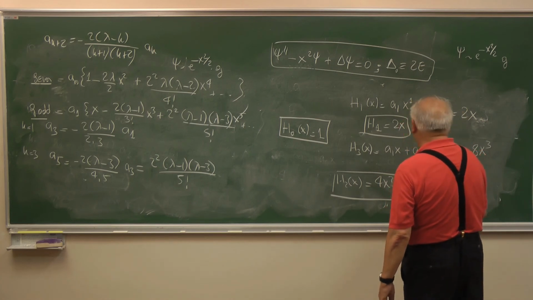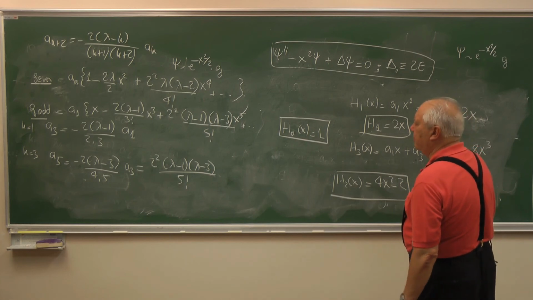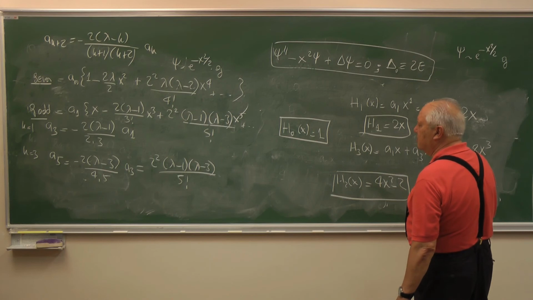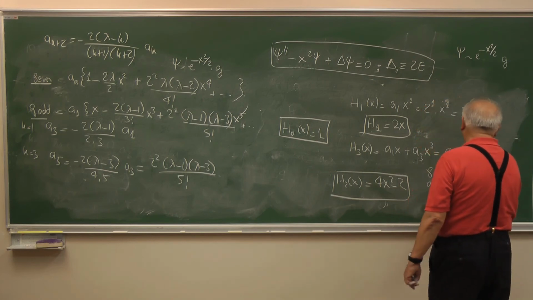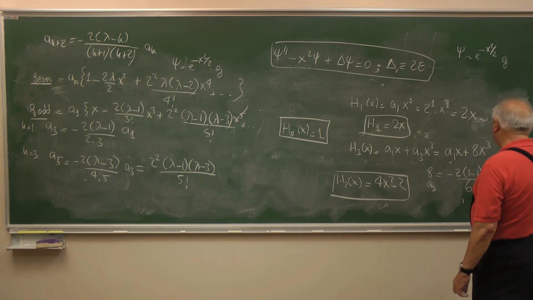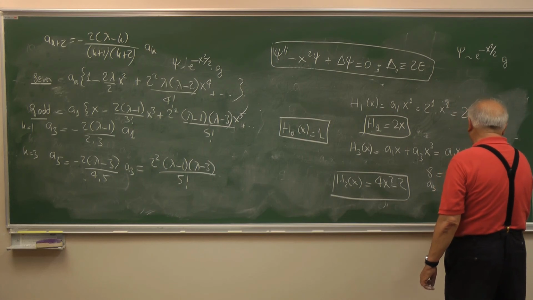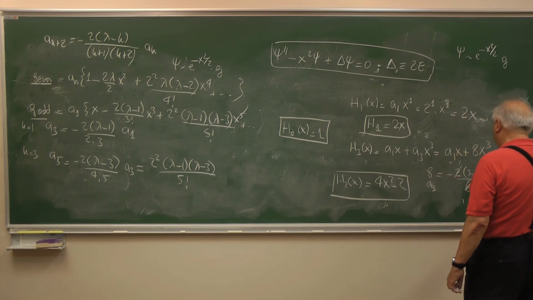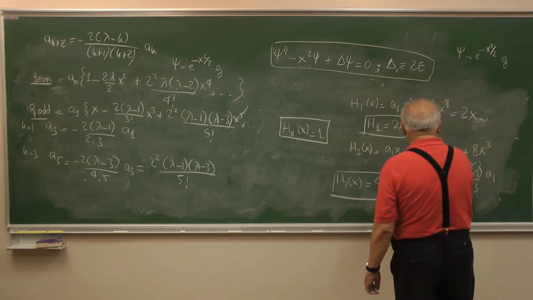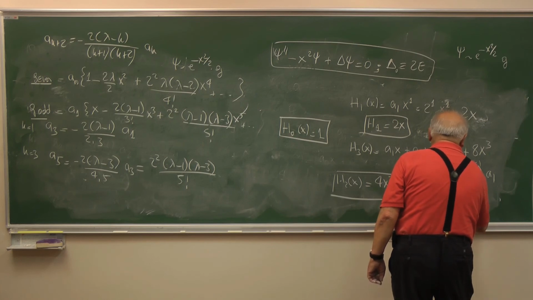Lambda is 3. 3 minus 1 over 3 times 2, which is 6, times a1. And this is 1, this is 3, this is 2, this is 4. a1 is equal to minus 12.